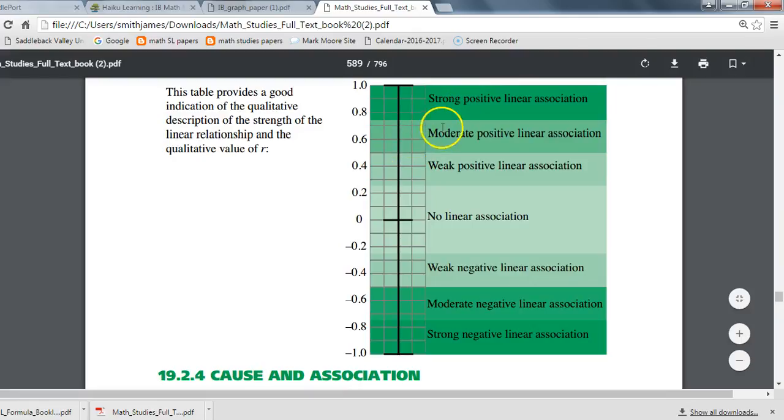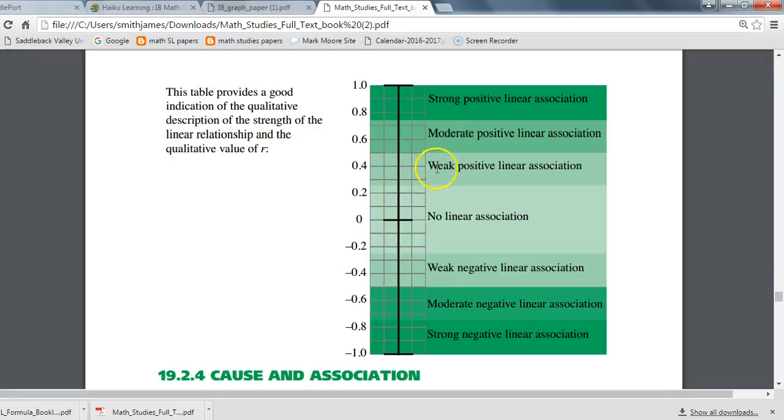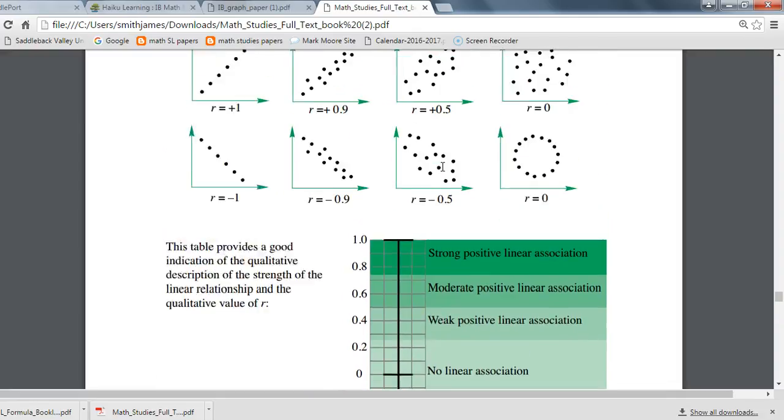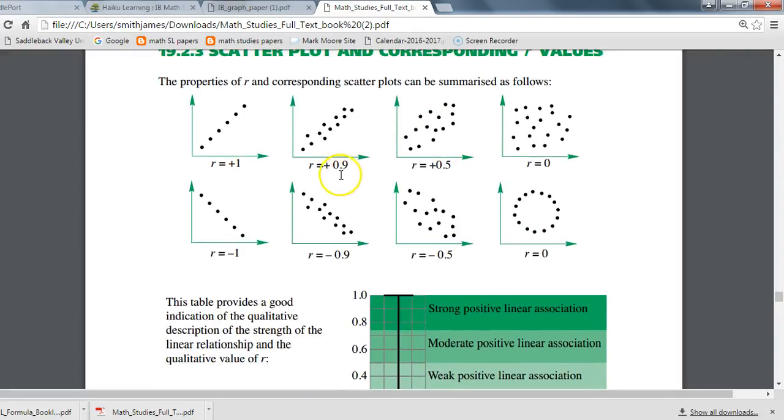If it's kind of in the halfway mark, it's moderately strong. If it's less than half, but not that close to 0, then we'd say it's weak. Here's a couple examples of what those would look like. So here's 0.9, right within this category, and we'd say that's a strong positive relationship.